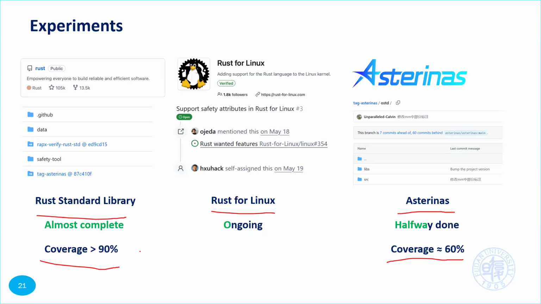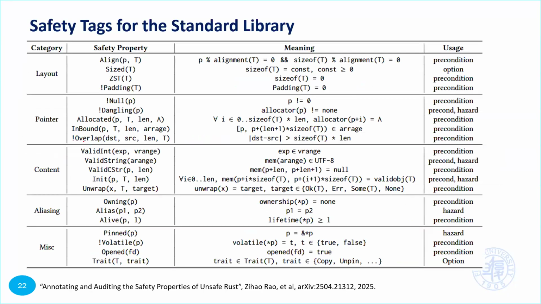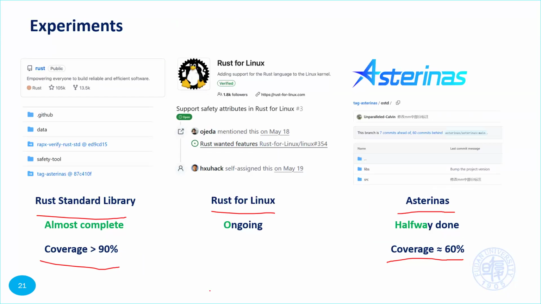Although we can achieve 100% coverage, the safety tag cannot be represented in this way, so it cannot be expanded to a contract for verification. So we haven't counted such unsafe functions at the current stage.